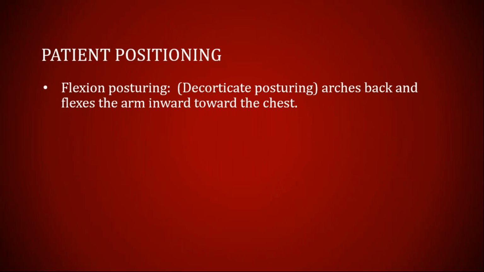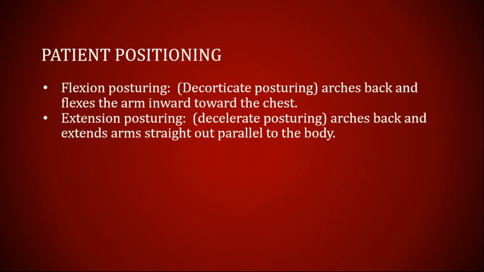So there is different posturing that we can see with the patient, specifically if they have some type of central nervous system injury or a head injury, which could be decorticate or decerebrate posturing. Decorticate is when the patient is flexing and arching their arms toward the core of their body.